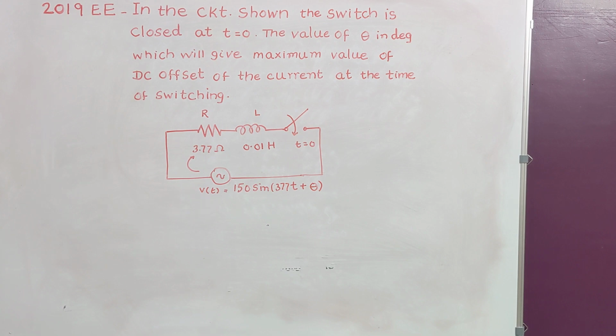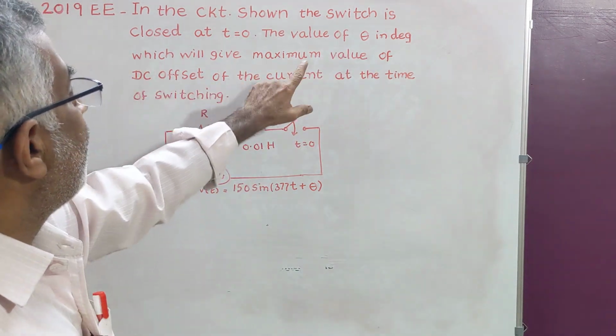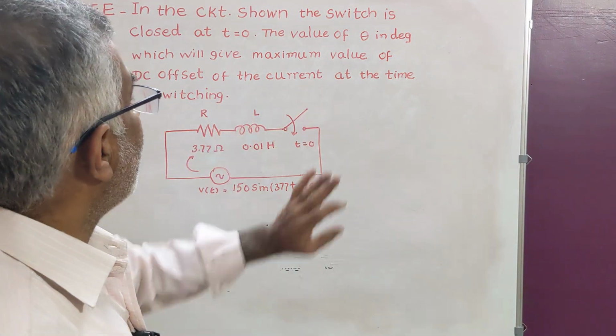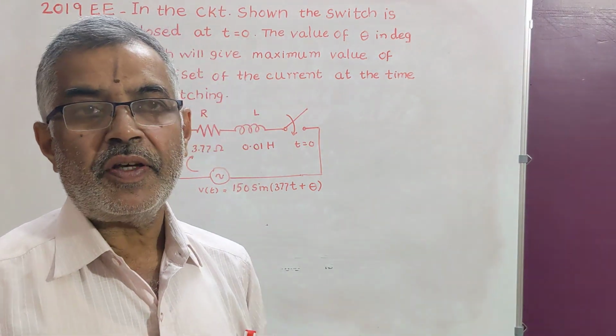Now, once again, I will repeat. In the circuit shown, the switch is closed at t equals 0. The value of theta in degrees, which will give maximum value of DC offset of the current at the time of switching. Now first you identify the problem.